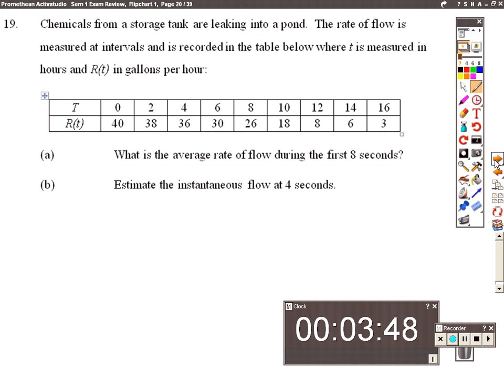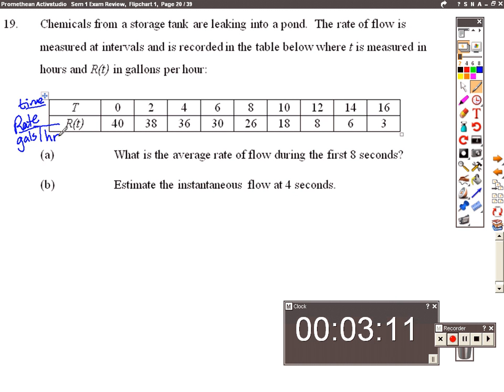Number 19, chemicals from a storage tank are leaking into a pond. The rate of flow is measured at intervals and is recorded in the table below. So R of T is in gallons per hour, so this already is a rate. And T, of course, is the time. And this R of T is in gallons per hour, which they're telling us in the problem. What is the average rate of flow during the first 8 seconds?